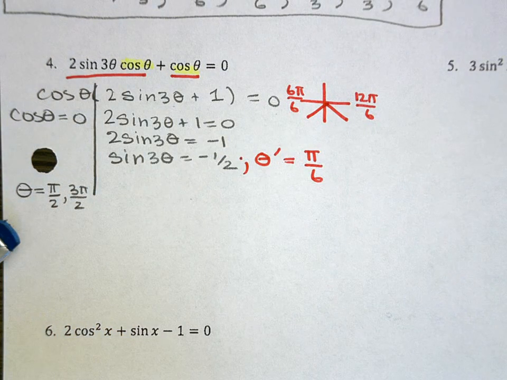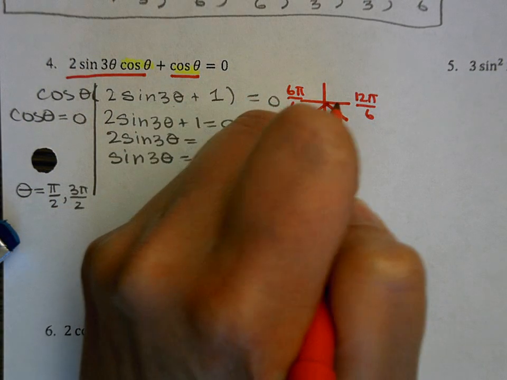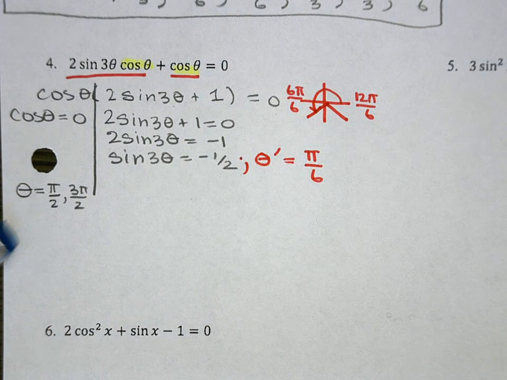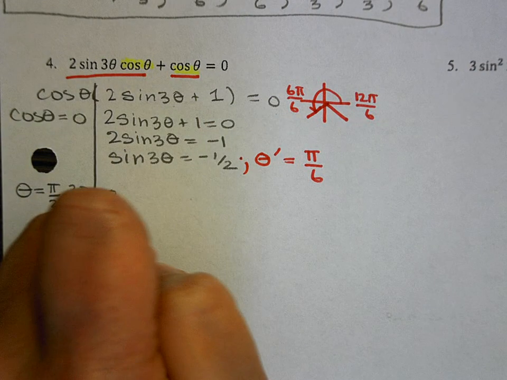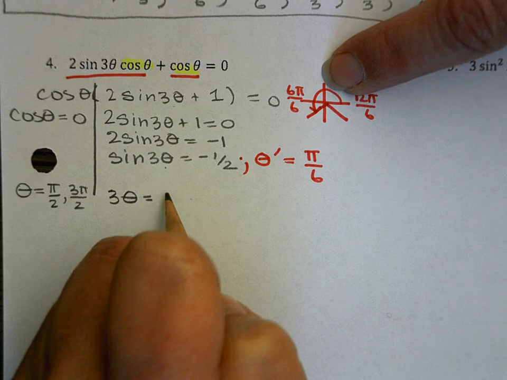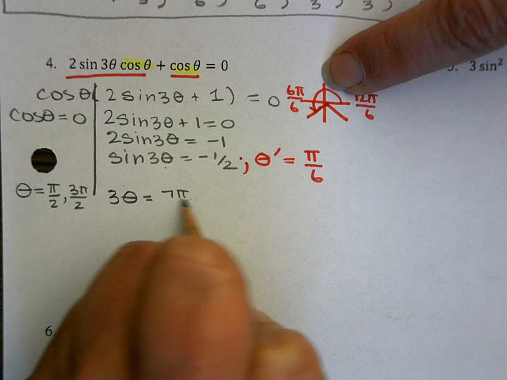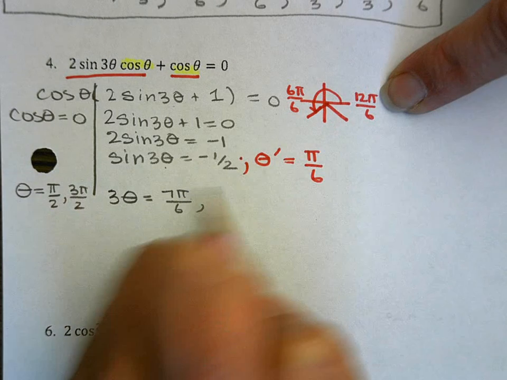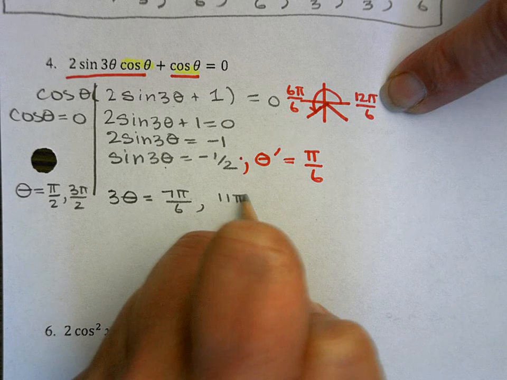My rotated angles are from 0, and I go pi over 6 away to be in quadrant 3, that's bigger than 6 pi over 6, so that would put me at 7 pi over 6. And then for quadrant 4, I stop before I get to 12 pi over 6, so that would be 11 pi over 6.